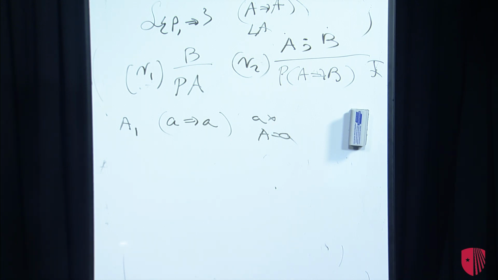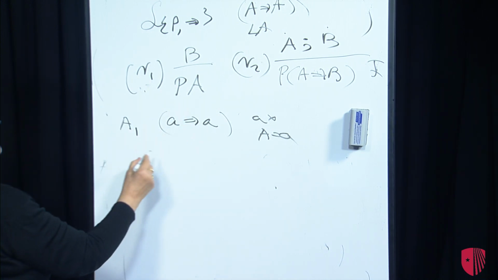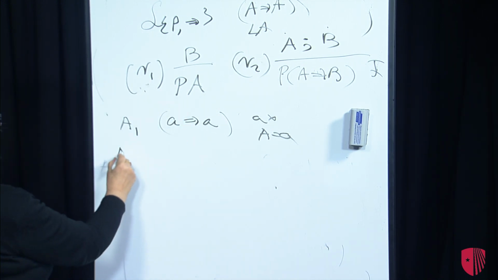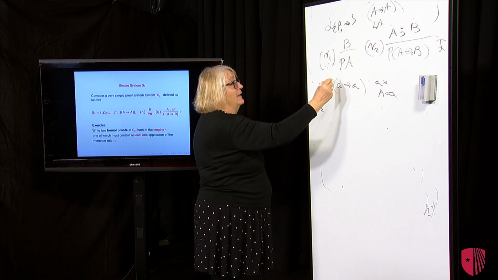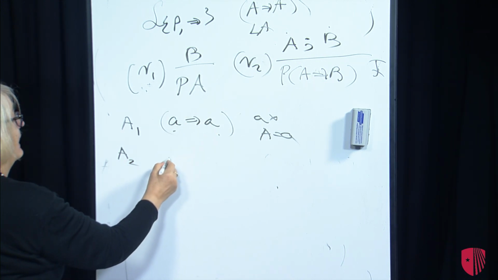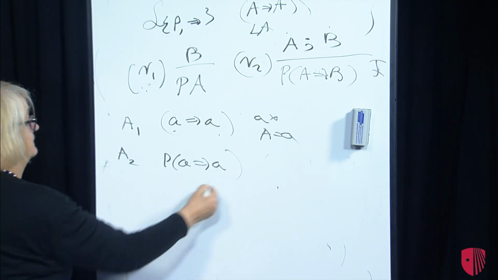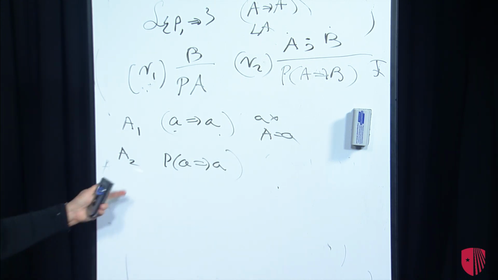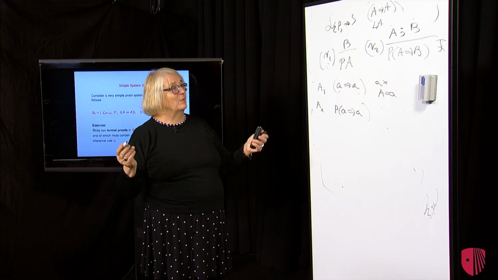Formula A implies A. Now, if I want to apply rule 1, I apply rule 1 to this. Now, the B in the rule is this. So I write P, A implies A. So I proved P of A implies A like we did before in S1.